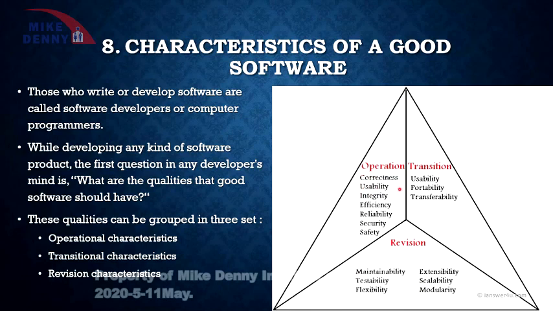The usability, the integrity, efficiency, reliability, the security, the safety. The usability is also for the transition, the portability, the transferability. Then we have maintainability, testability, flexibility, extendability, scalability, and the modularity.